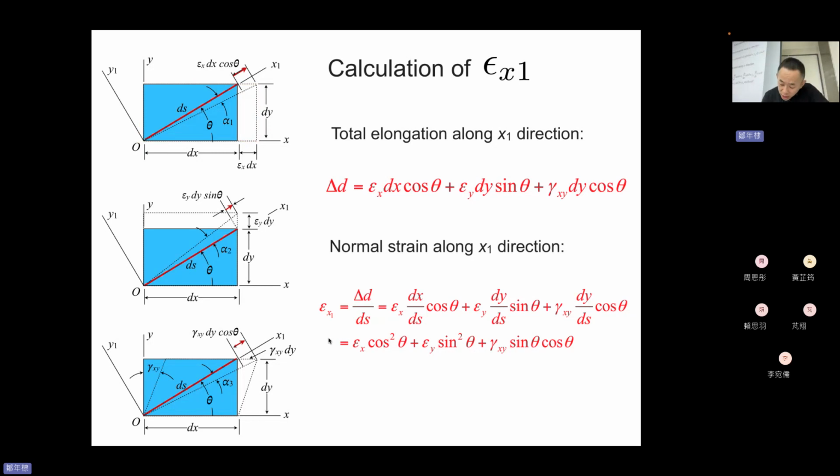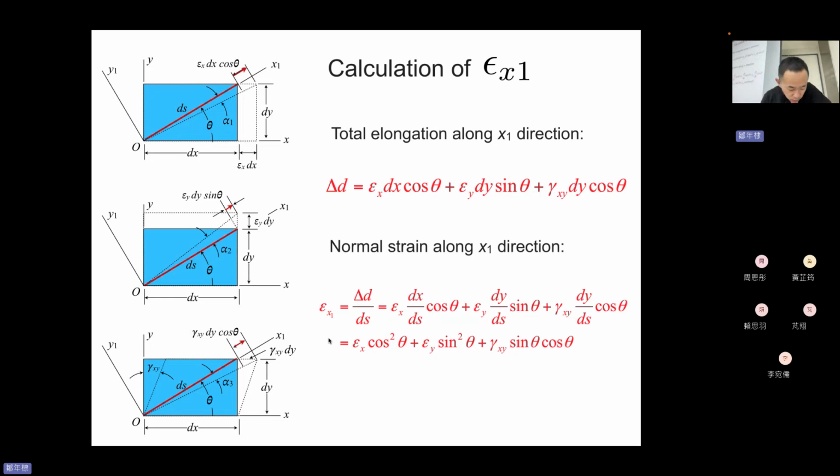So you see, if it becomes this, this point will go to this point, right? So in this x1 axis, how long will it elongate? You see, this point to this point. In the x1 axis, it's a little red arrow, right? So what is the value of that red arrow?